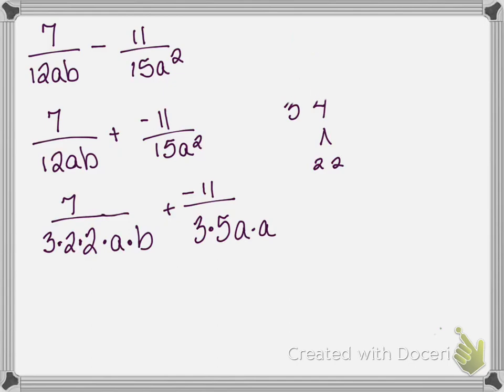Now, when we are pulling out a GCF, one of the things that I told you is that you always look at the lowest exponent. So when I'm factoring and I pull out a GCF from a polynomial, I am looking for the lowest exponent. So if I've got x to the third, x to the fourth, and x squared, I can pull out an x squared because that's my lowest exponent.